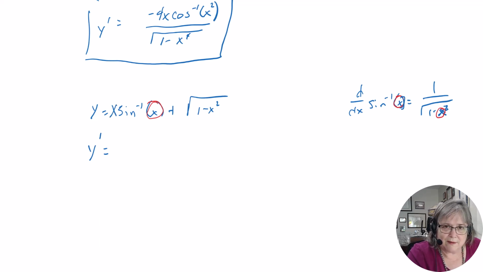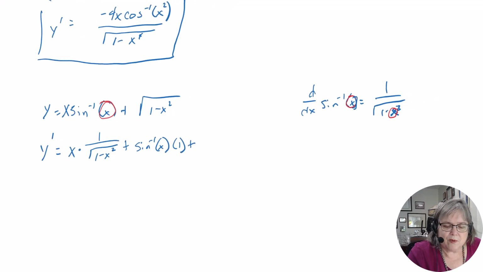Okay, so we have the product, all right? So let's go back. So we have the product. So it's the first times the derivative of the second, which is 1 over the square root of 1 minus x squared. Okay, plus the second times the derivative of the first, which is 1, plus, now we're going to take the derivative of 1 minus x squared to the 1/2, right?